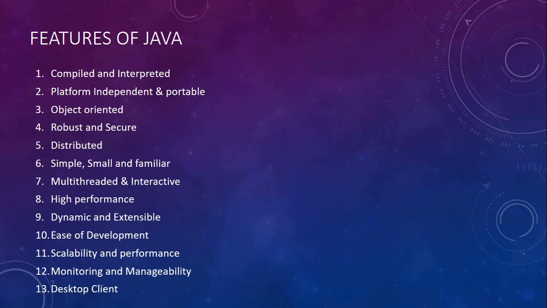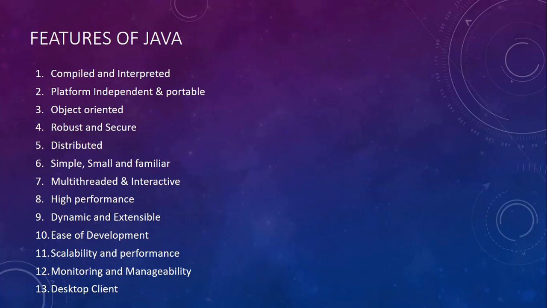Let us go and find out what the features of Java are. The first feature is that Java is compiled and interpreted. Java is platform independent and portable. It is fully object oriented. It is robust and secure. Java is distributed. It is simple, small and familiar. Java is multi-threaded and interactive.